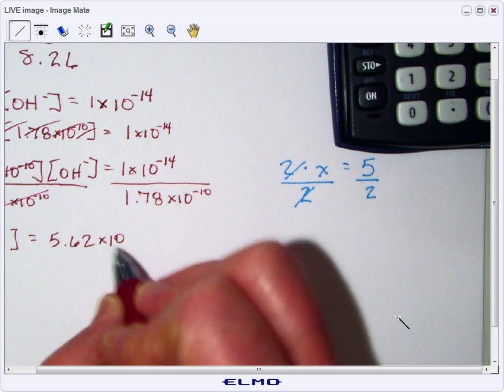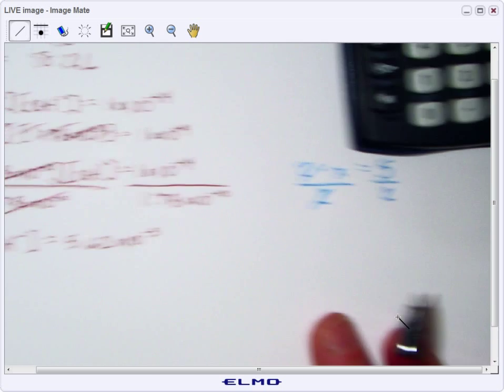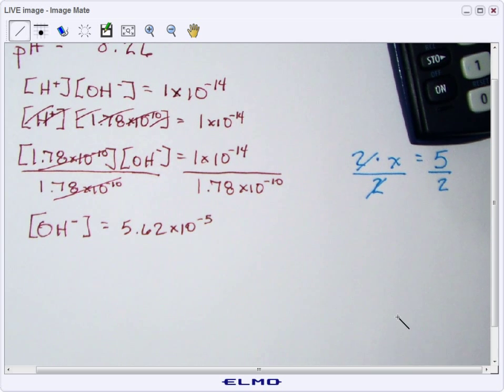Okay. 5.62 times 10 to the negative 5. All we're doing in here is simple algebra. But because it has scientific notation in it, sometimes we tend to think it's more difficult. Questions on that one?